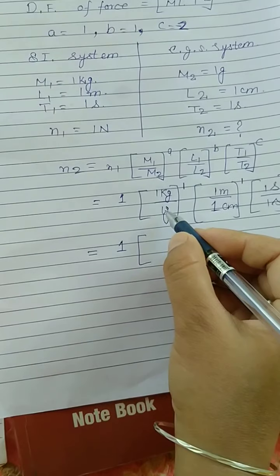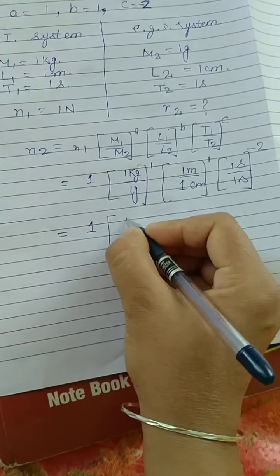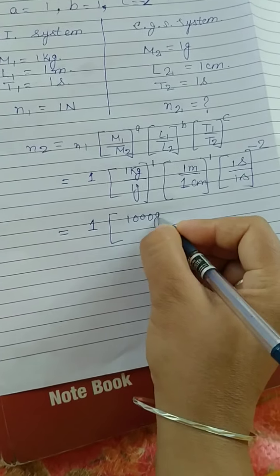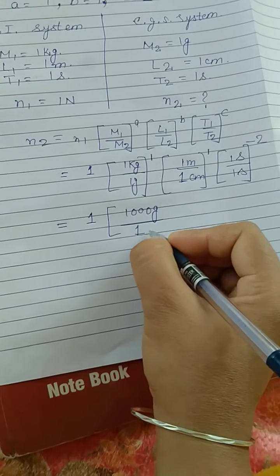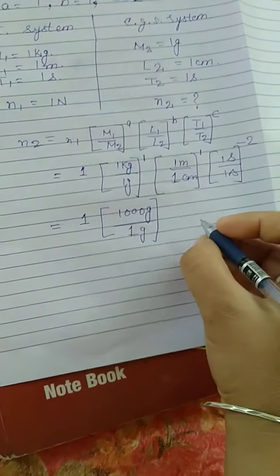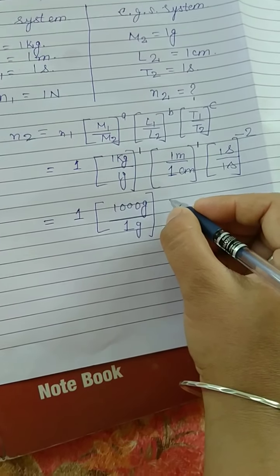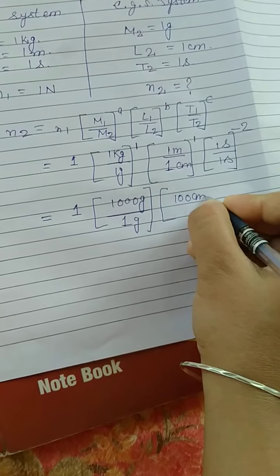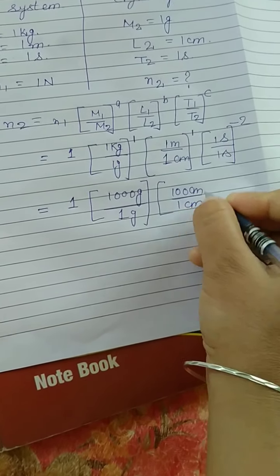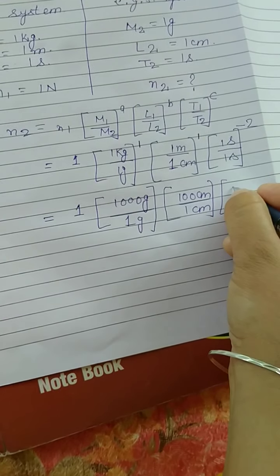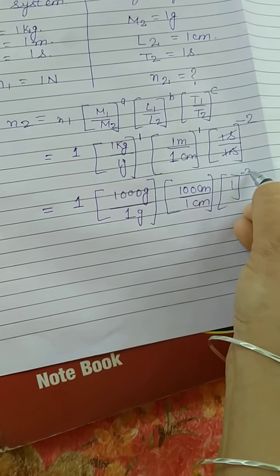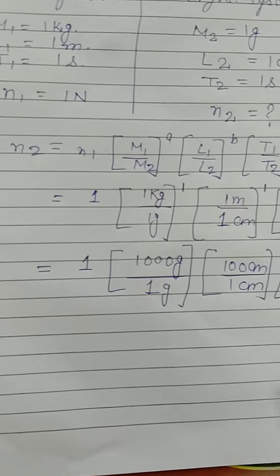We know 1 kg is equal to 1000 grams, so we will convert it into gram. So it will become 1000 gram by 1 gram, 100 centimeter by 1 centimeter, and this gets cancelled, and anything raised to power 1 is equal to 1. So it will become minus 2.